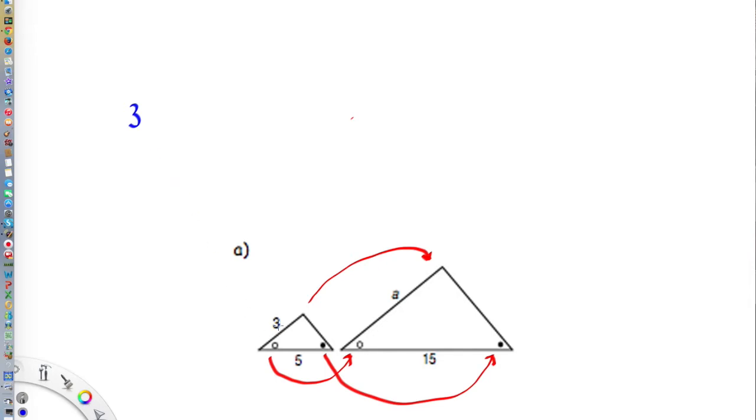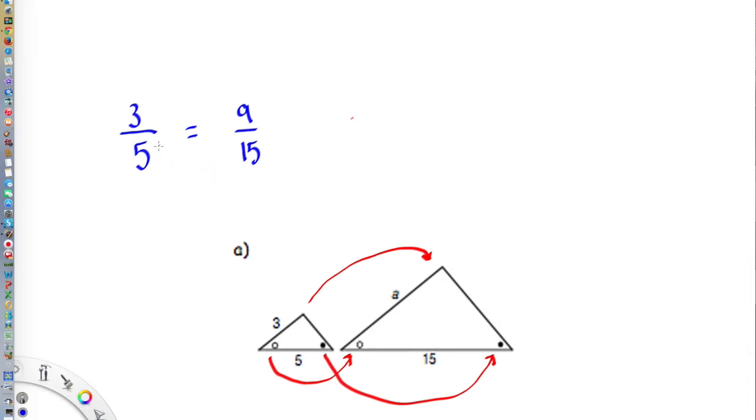So what we're saying is the ratio between this side and this side, side 3 and side 5, has to be proportional to the ratio of side A and side 15, because these sides correspond to one another. We don't know what A is, but to make these two triangles similar, A would have to be in proportion to side 3.